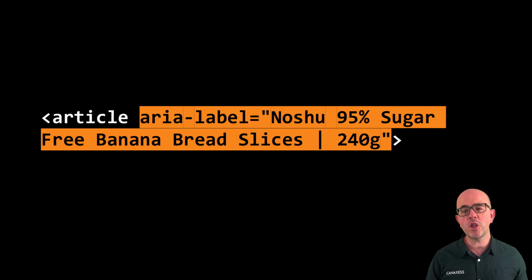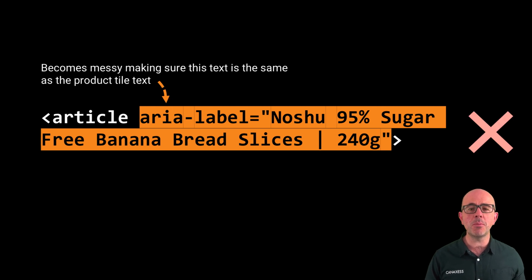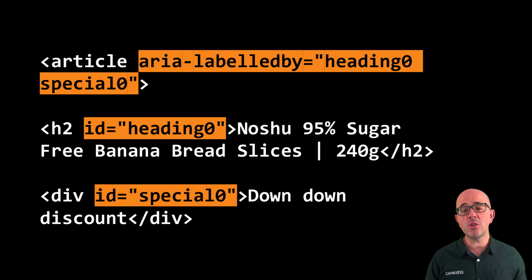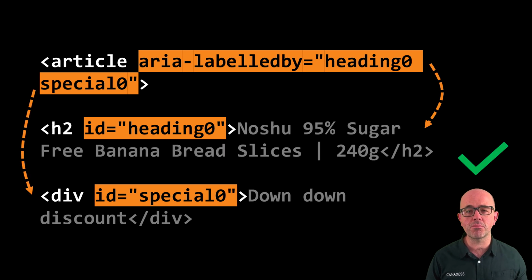We could use the aria-label as it's quick to add to the article element, but it is a little bit messy. We're having to duplicate the existing text within the product tile, making sure this aria-label text is the same as the text within the product tile, and when coding it all, it can get out of sync. Instead, use aria-labelledby and reference the product name and specials indicator by ID.